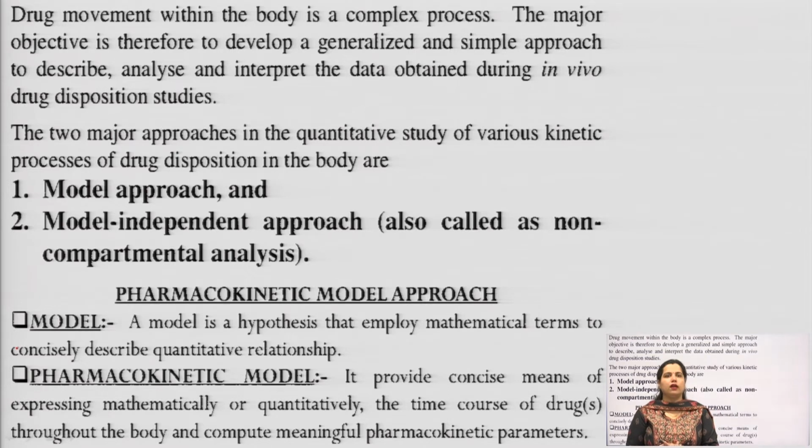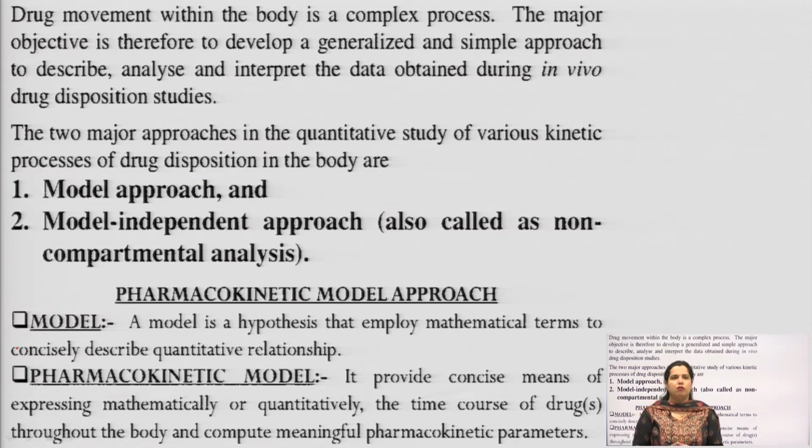So, in pharmacokinetic model approaches, a model is a hypothesis that employs mathematical terms to concisely describe a quantitative relationship. So, it is basically a hypothetical thing, a model which is based on mathematical formula calculations, and these concisely describe the quantitative relationship, how the drug is affecting the different processes or reaching the target site.